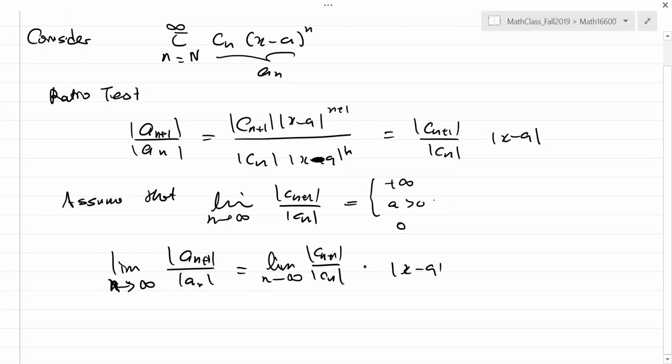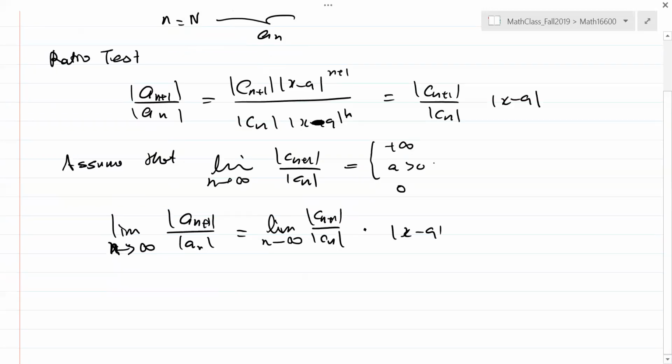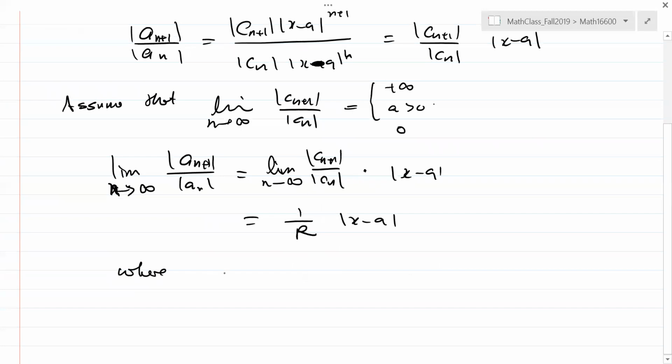So the question is, for what x is this going to be less than 1? If it's less than 1, it's convergent. Otherwise, it's divergent. So I'm going to denote this part by 1 over r. Here, what is r? 1 over r is going to be the limit.